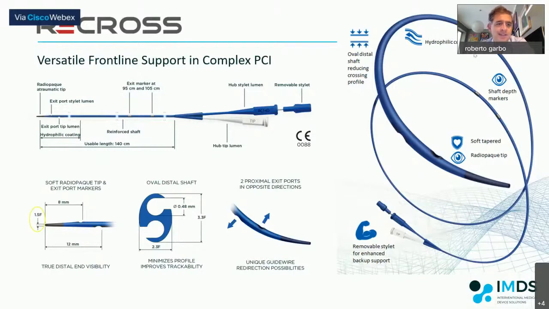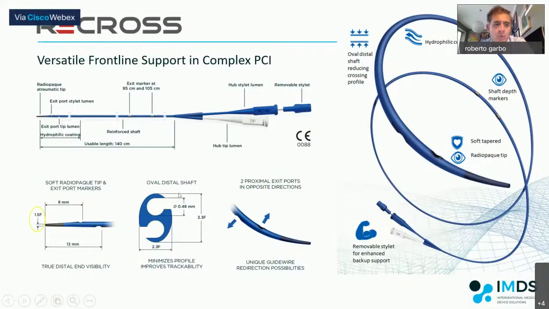You have one possibility, and the second possibility for your wire: with the blue hub, when you remove the stylet, you can exit here in the middle, at 180 degrees from the other exit port.